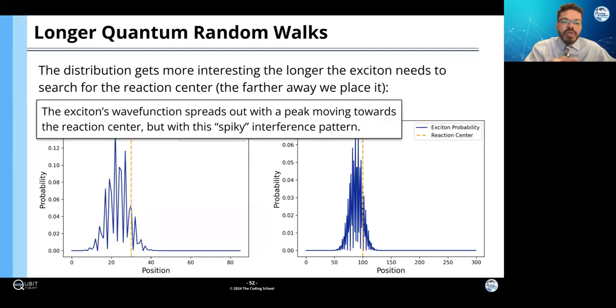Note that you don't have much of a probability of the exciton being far away from the reaction center at the end of the simulation. There's basically no probability of it being in position 60 or even position 1. It starts to peak around where the reaction center is.